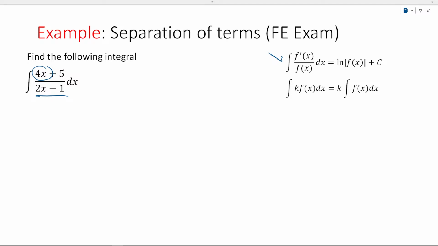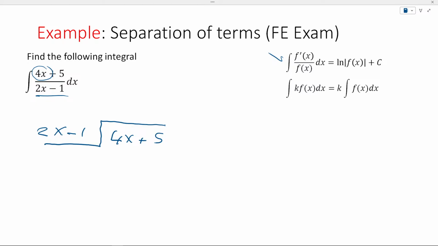Okay, do you remember long division from your algebra course? If you don't remember it, that's how you do long division. You put your numerator here, like plus 5, and you put your denominator here, and then you divide this by this.